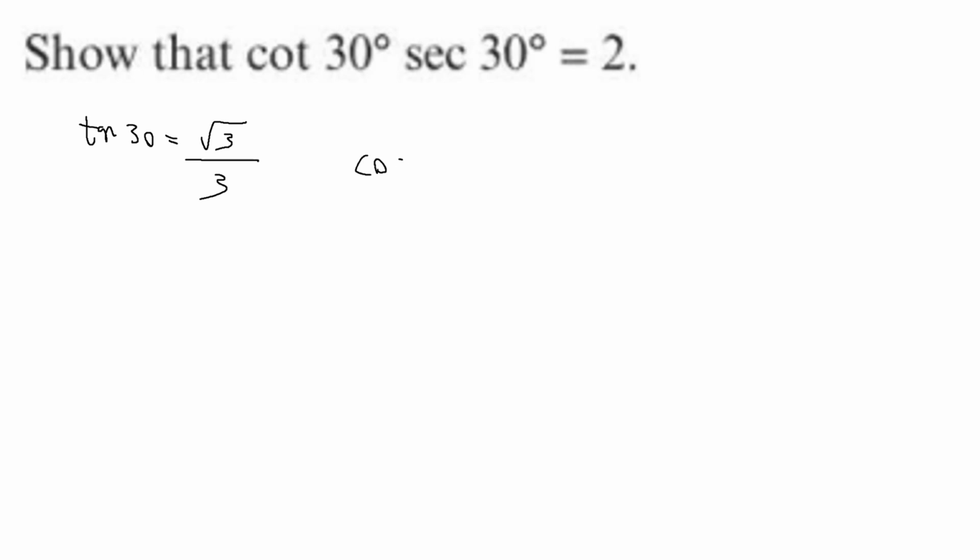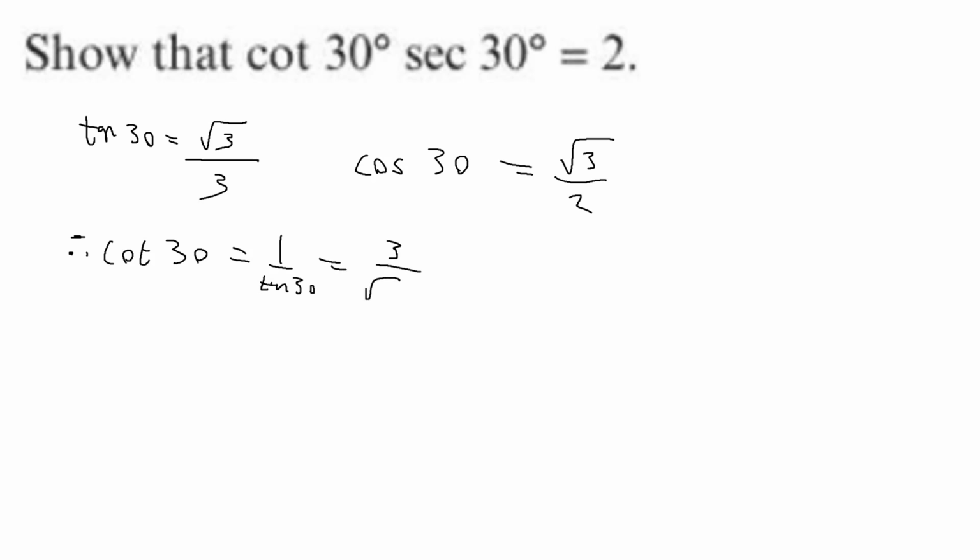And we know that cos 30 is equal to root 3 over 2. So therefore, cot 30 is equal to 1 over tan 30, which is just going to be 3 over root 3. If you want to rationalize it, you can. Okay?